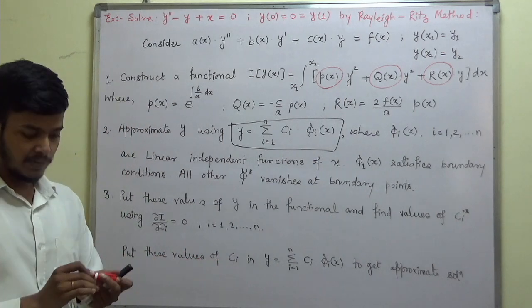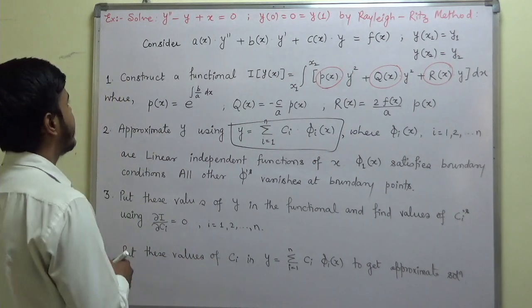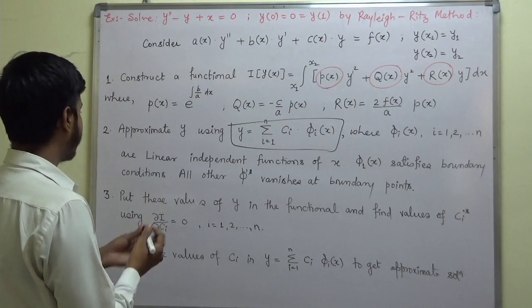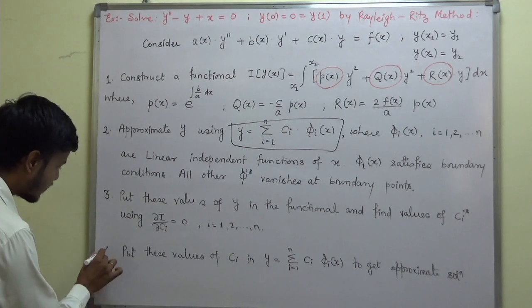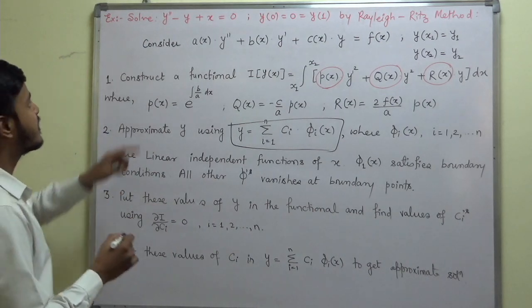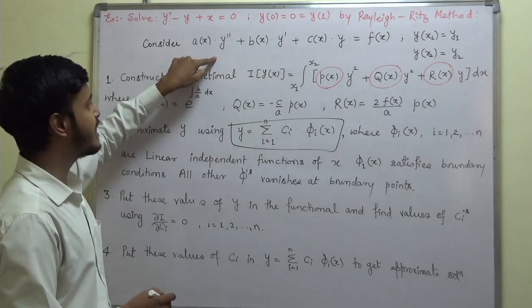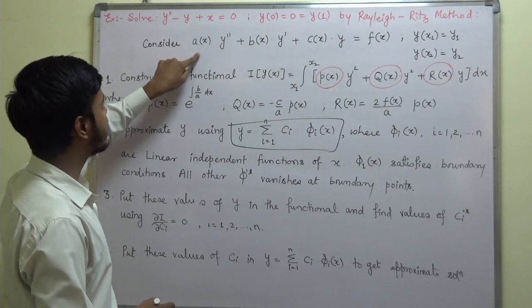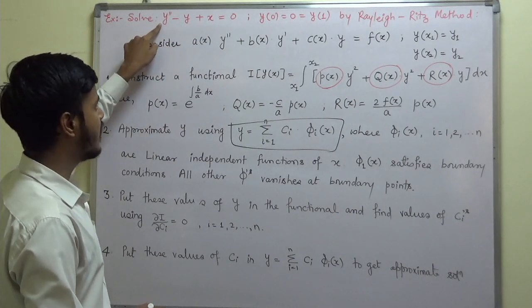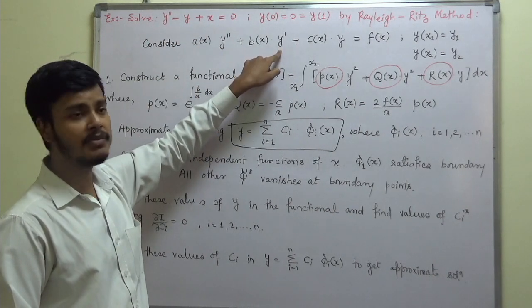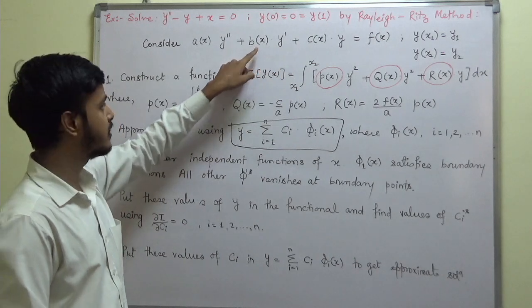Okay. Now look at this problem. Here, this is my working rule with 4 steps. Now if you compare this given equation with this, what you can say is we have the value of a of x to be 1. We don't have a term of y dash, meaning its coefficient is 0.